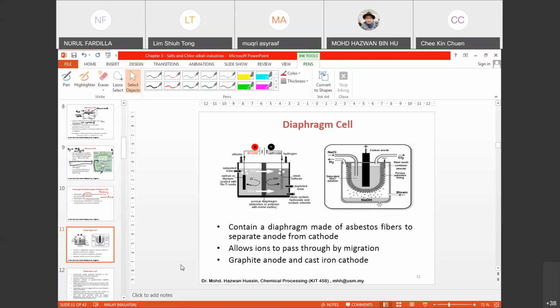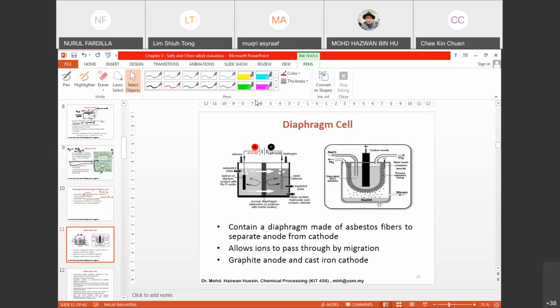So I move on to the next cell. The second cell is known as diaphragm cell. Okay, so diaphragm cell contains diaphragm asbestos. Asbestos is basically a composite, a porous material that actually separates anode and cathode.